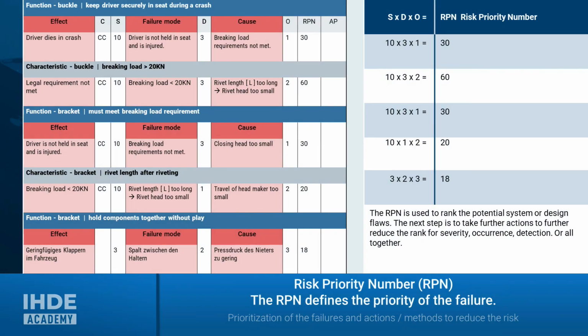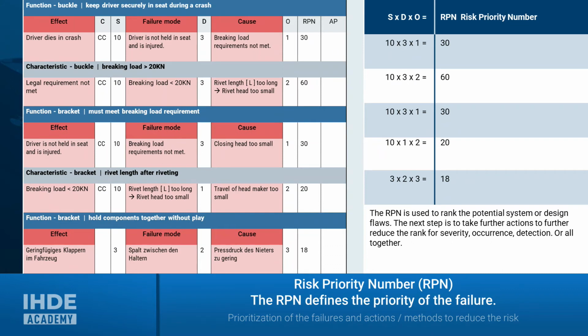One way of quantifying risk that has been established for many decades is with the help of the risk priority number, short RPN. It can be used to classify potential system or design flaws. The risk priority number is formed from the product of the ratings of the severity, the detection, and the occurrence.